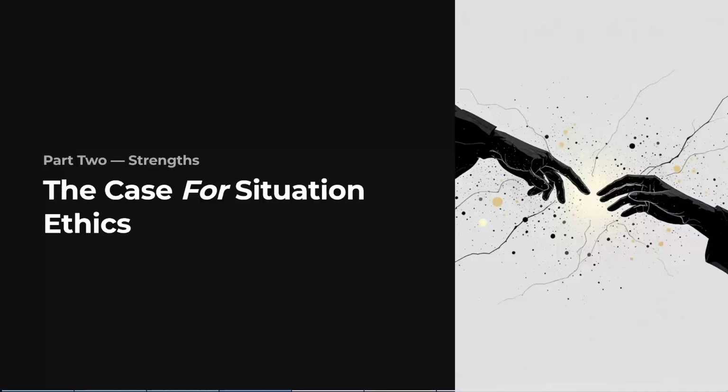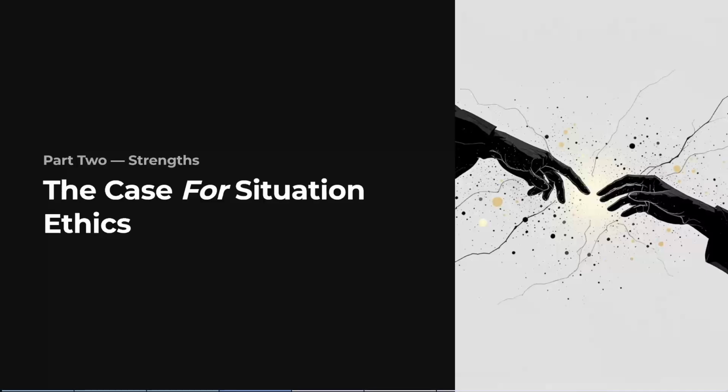Now, the case for situation ethics rests on 4 pillars. It is flexible and compassionate in a way rigid rule-based theories cannot be. It places human dignity at the moral center through personalism. It is rooted in a compelling theological tradition. And it is radically democratic and inclusive in its direction of love equally toward all persons.